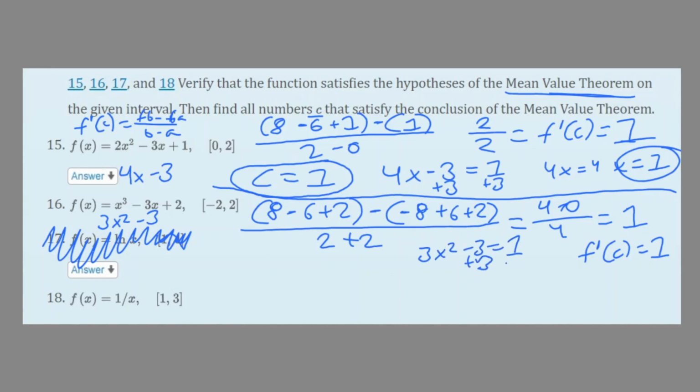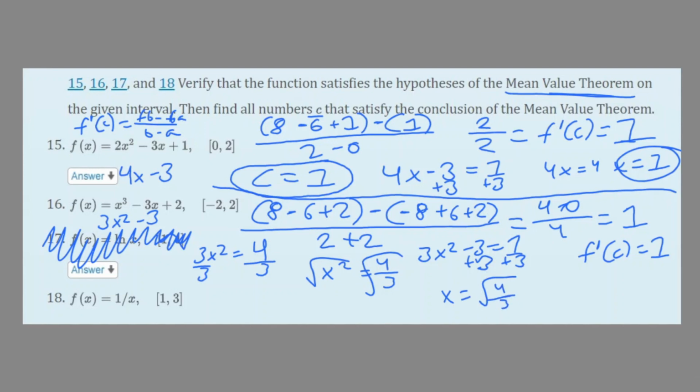We could add 3 to both sides. So we get 3x squared is equal to 4. And now we can just divide by 3 on both sides, and we would get x squared is equal to 4 over 3. And now we just square root it. So we're going to get x equals the square root of 4 over 3.